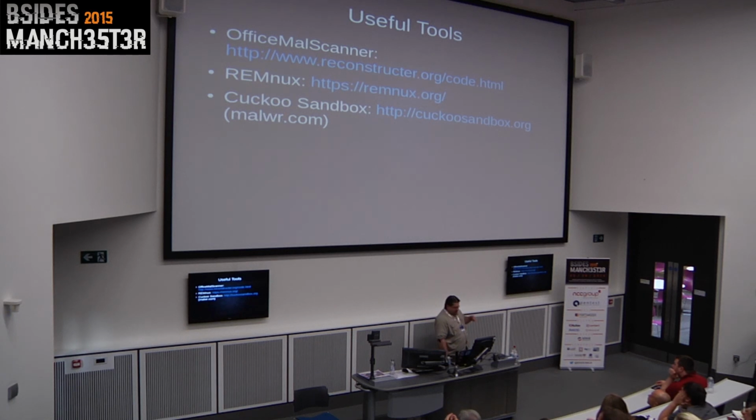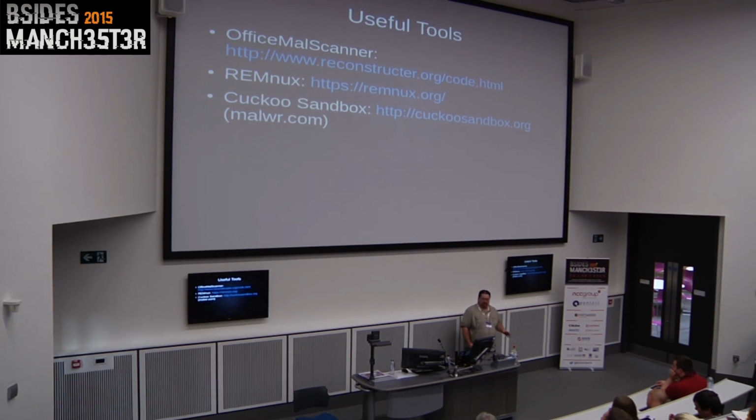Some of the tools of the trade, some of the stuff that I've used here: Office Mouse for sure, and Remnux especially. Lenny Zeltser, who works for the SANS Institute, has an entire Linux distro, much like Kali, with every possible RE tool that you can imagine under the sun crammed into this virtual machine.